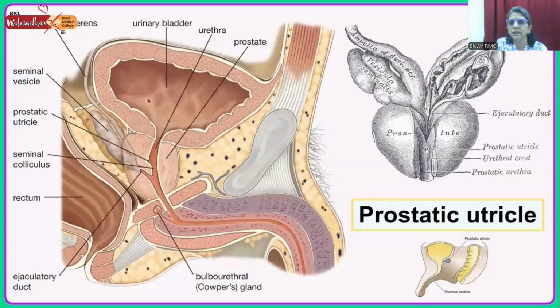We can see in the next picture, in the lower part, the prostatic utricle, and in the larger diagram you can see all 3 structures: the prostatic urethra, ejaculatory duct, and prostatic utricle, which are the 3 structures in the prostate.